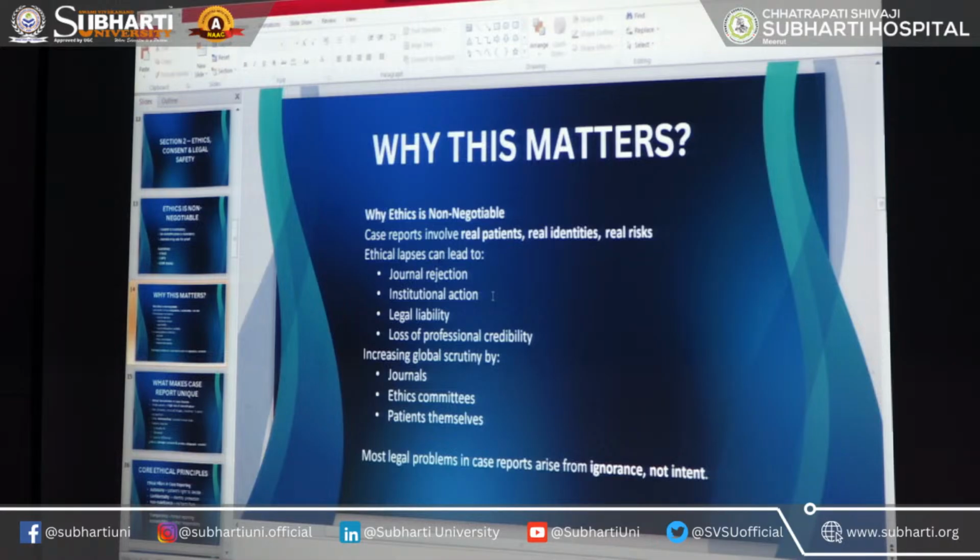What is its role? First, ethically, is the study you are doing patient compliant? And secondly, what benefit is your study providing to the patient?